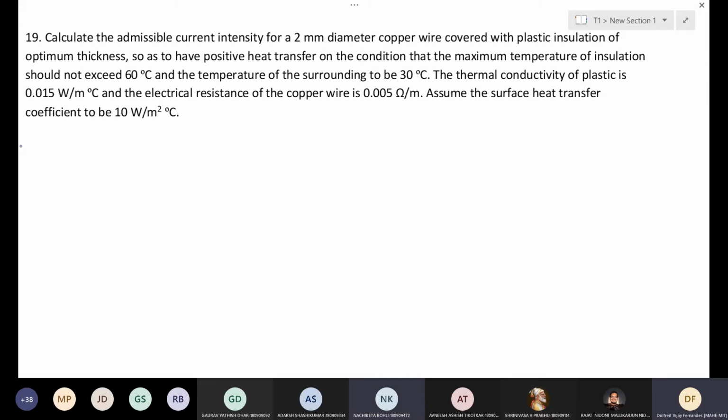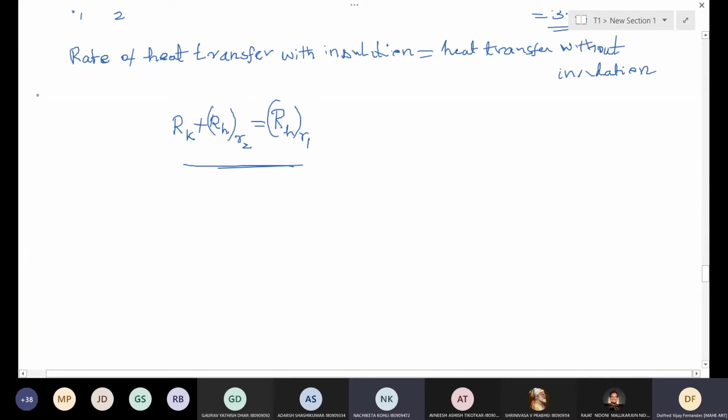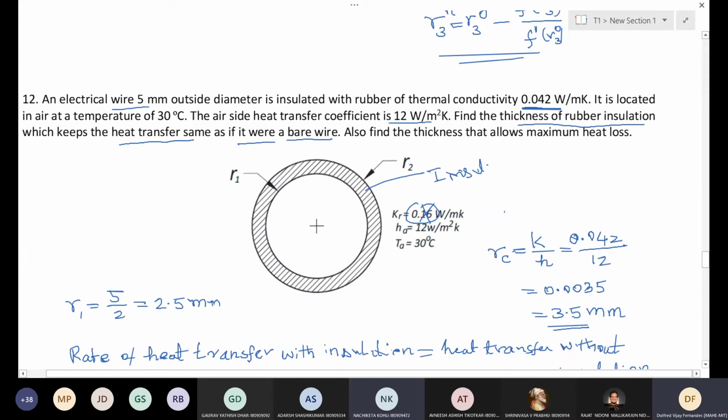Sir, could you tell the solution of the previous question? Which one? The previous question. Okay, so maybe 5.14.